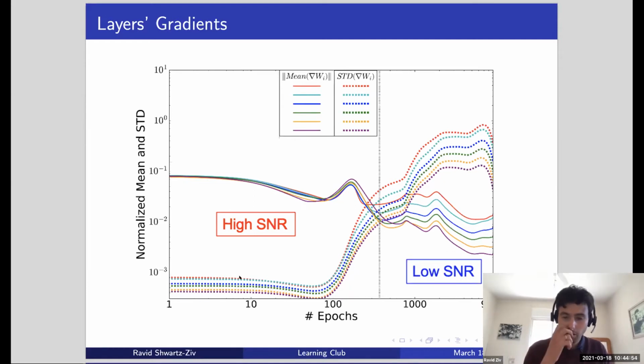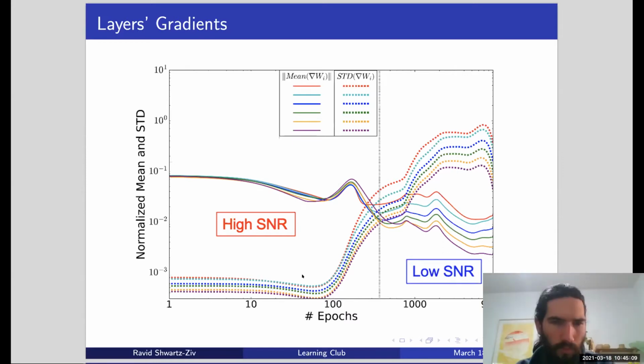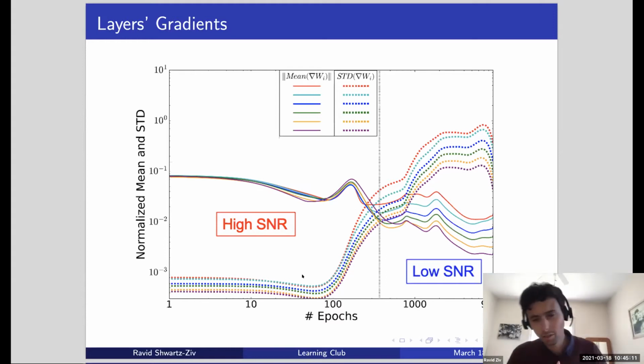Here, the x-axis is the epoch number, and each color is a different layer. These lines are the means for each layer, and the dashed lines are the standard deviation. What we can see here is that we have two distinctive phases.